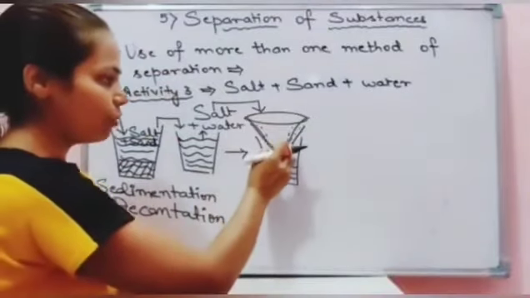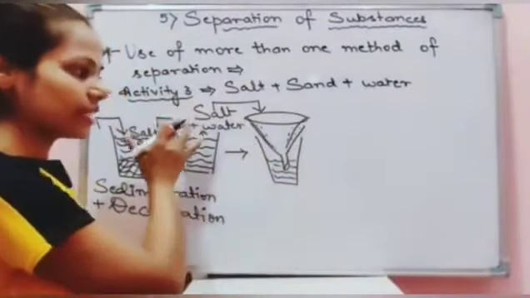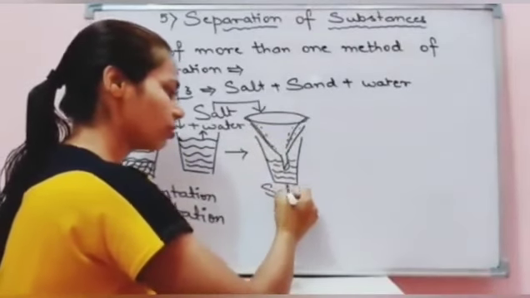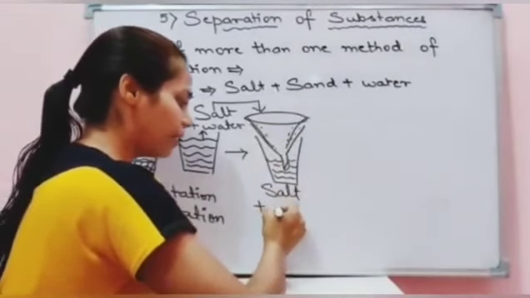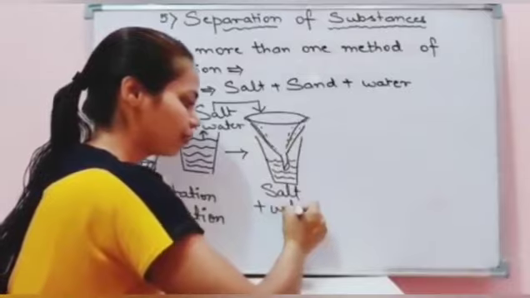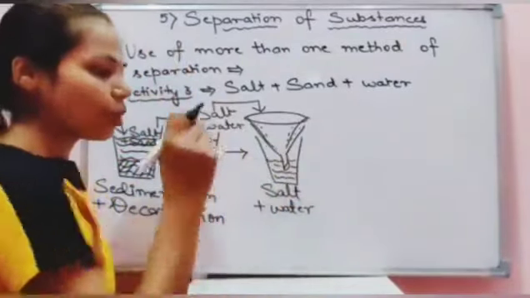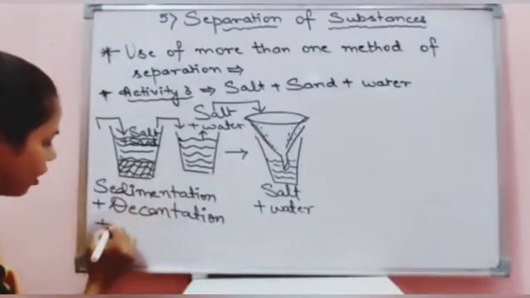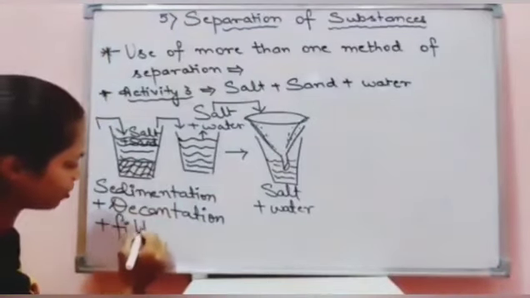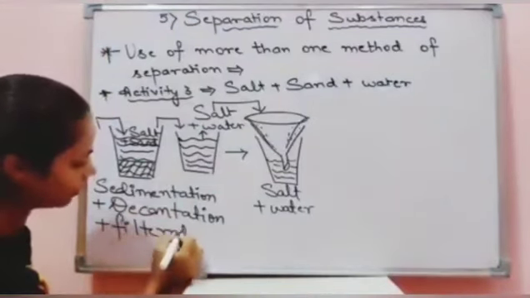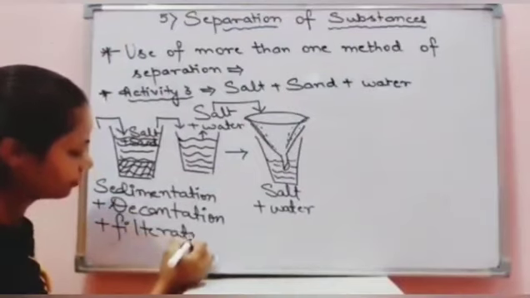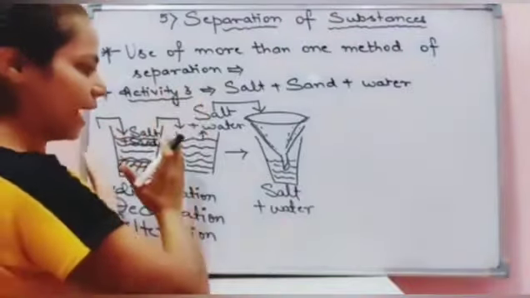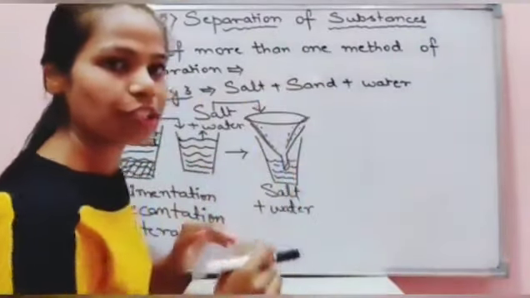Okay, so now we got the mud, that is sand, separately from the salt and water. Which process had I applied here, children? Filtration process. So I had applied 3 processes to separate the sand and the mixture of salt and water.